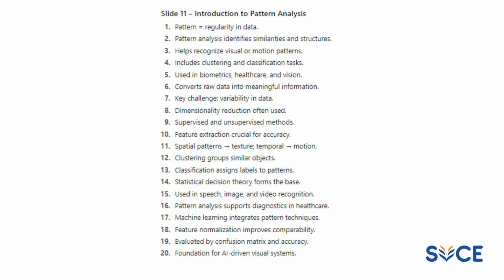linear discriminant analysis. The temporal pattern analysis is to study the motions over time using trajectories, optical flow, or spatio-temporal features. The applications are action recognition, anomaly detection in surveillance, and gesture analysis. We'll discuss some of the applications of pattern analysis.